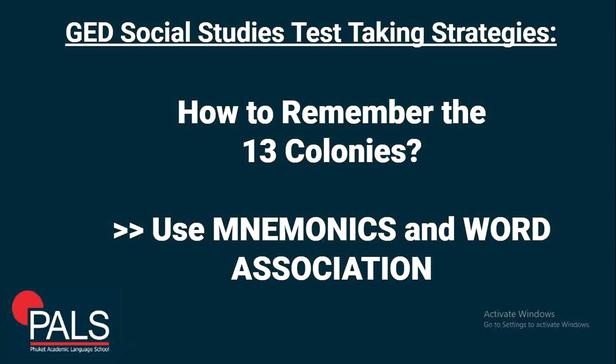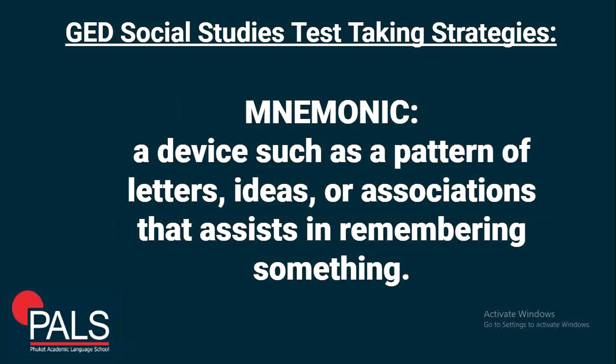But here's an easier approach. We can use mnemonics and word association. So what are mnemonics? A mnemonic is a device such as a pattern of letters, ideas, or associations that assist in remembering something.